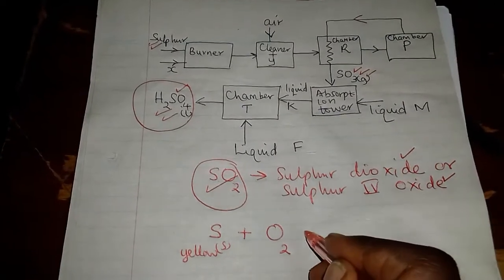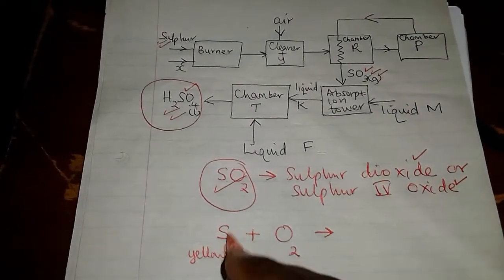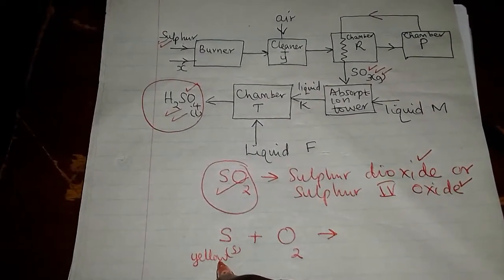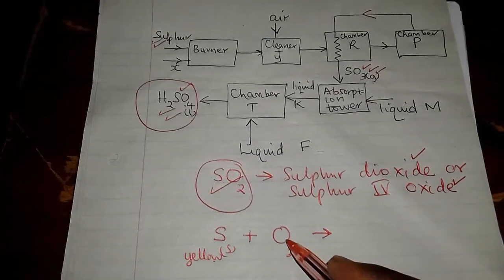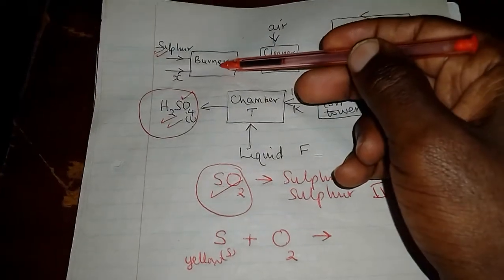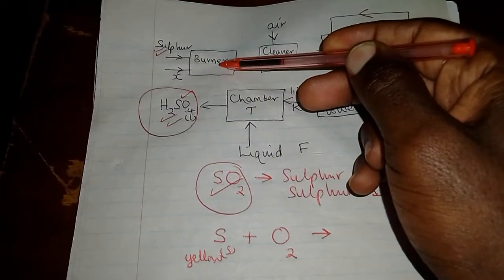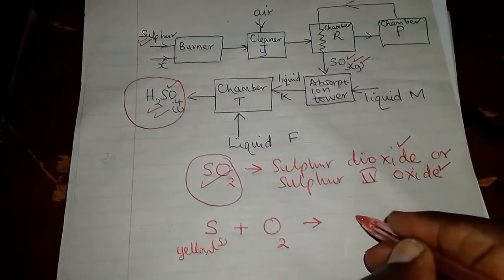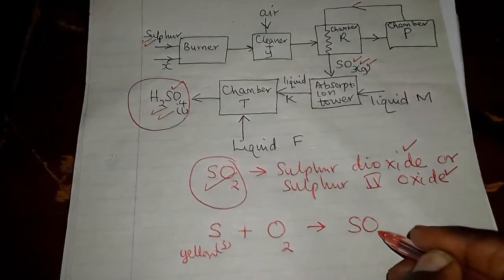So the sulfur dioxide can be obtained when sulfur, a yellow solid, gets mixed with oxygen, and it gets allowed to burn in a burner where the temperatures are well enough to facilitate the reaction. So that gives us sulfur dioxide.